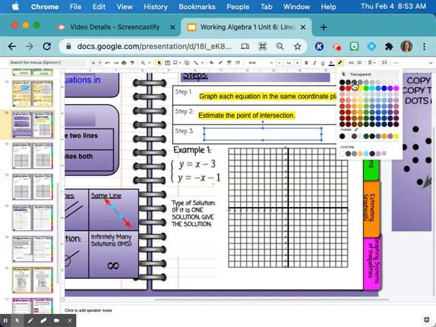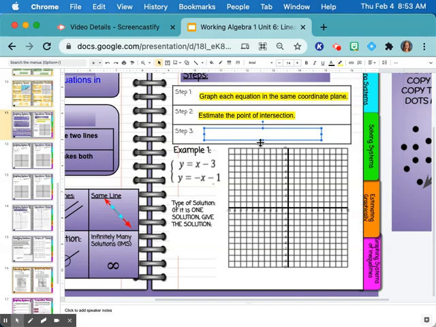And then step 3 is going to be to check your solution by plugging it into each equation. So check the point from step 2 by substitution in both equations.